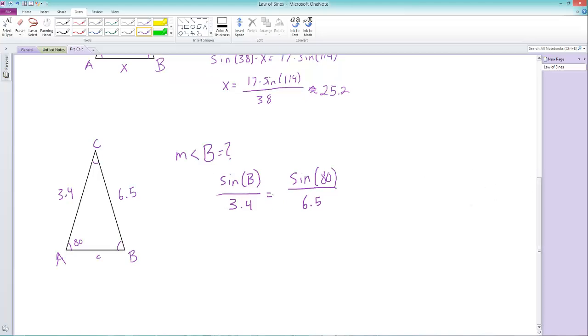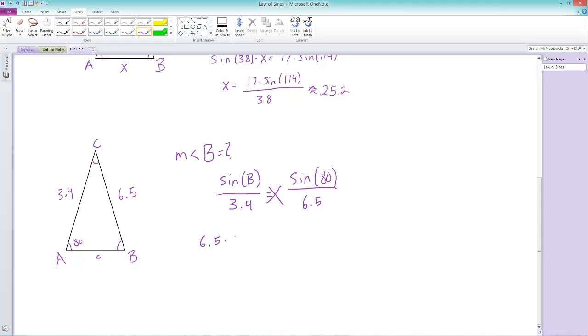And we divide both sides by 6.5, and this will give us the sine of B, but they wanted the measure of angle B. So we're going to have to do one more step after this. So 3.4 times the sine of 80 degrees over 6.5.